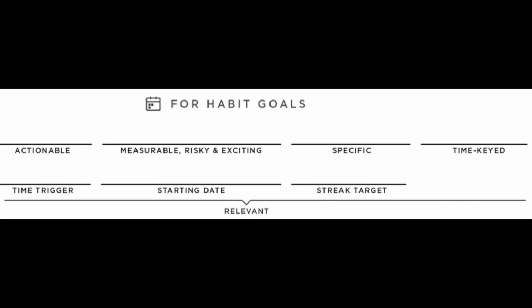What if you had a habit goal instead of something that's an achievement? Well, we could actually put that into 7 blanks. The first one being action. The second blank being measurable, risky, and exciting. The third blank is specific. The next blank is time keyed. And to do a habit goal, you really want to have three extra blanks, which is the time trigger, you want the start date, and you want a streak target.